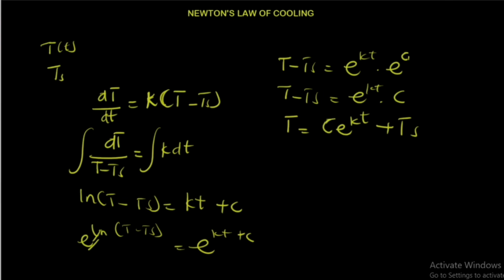C becomes the initial value, and K is the constant determined from additional information. So this is the formula for Newton's law using the separable method. We had it here, and due to the separable method, we separated it and had this. That's an application of first order differential equation.